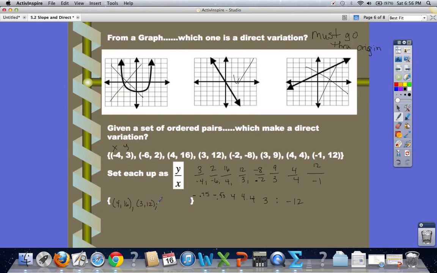And the last one was negative 2, negative 8. And those are the 3 that would make a direct variation. So you have to divide each and every one of them in order to find that. Okay?